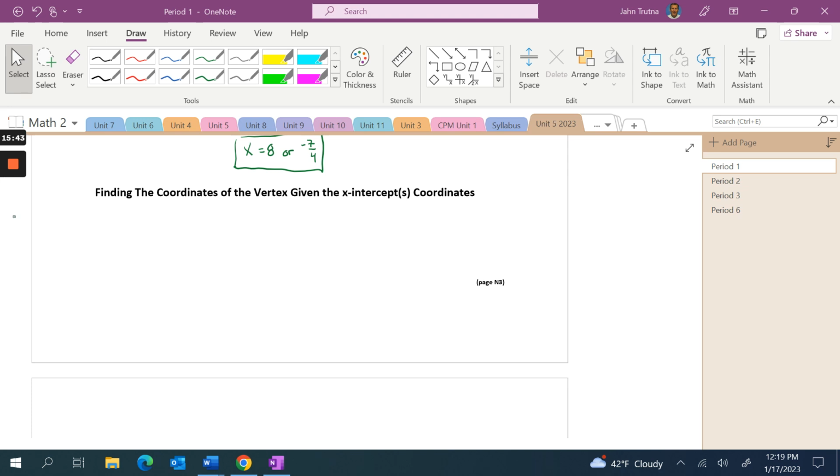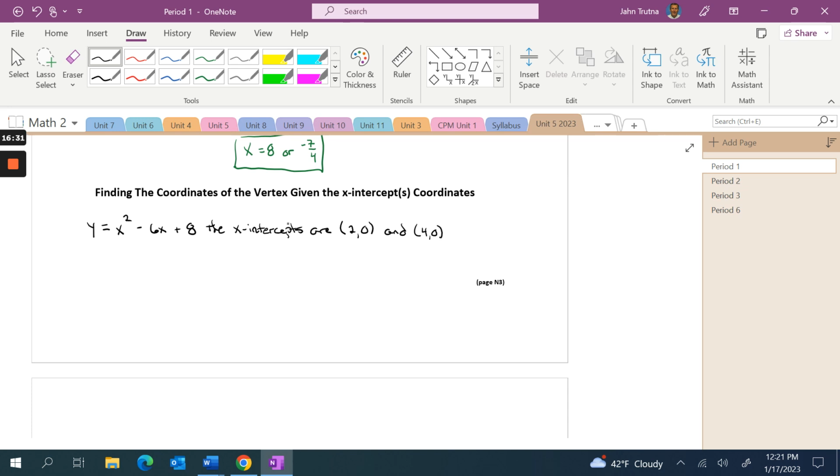So, I have the equation y is equal to x to the second power minus 6x plus 8, and this equation, the x-intercepts, are the points 2, 0 and 4, 0.